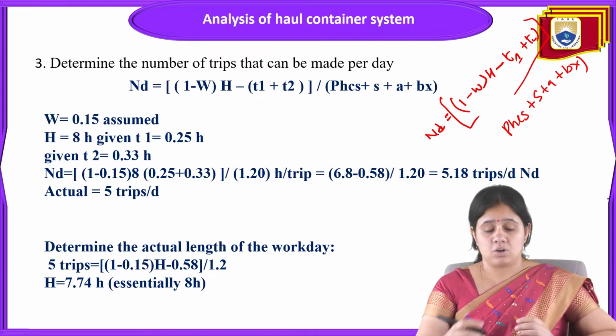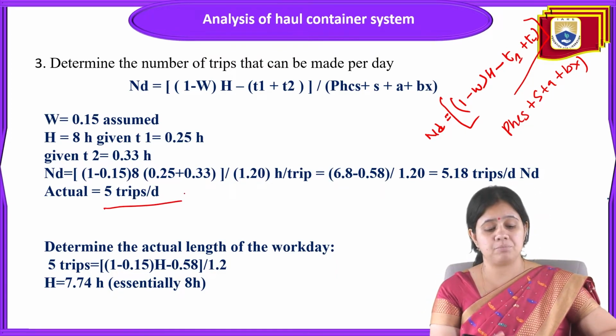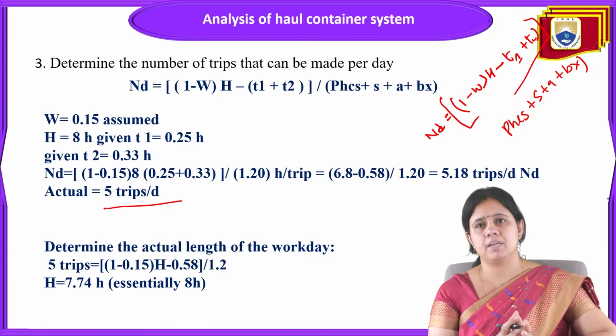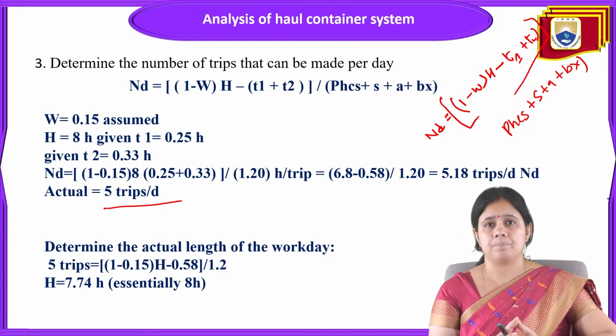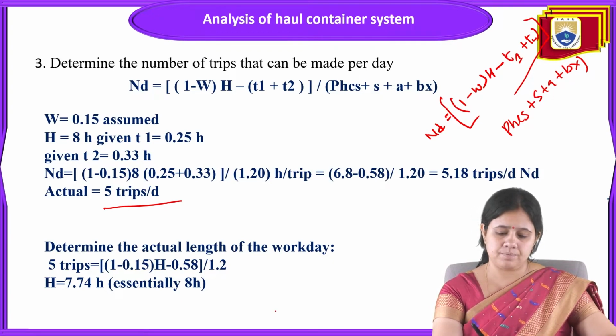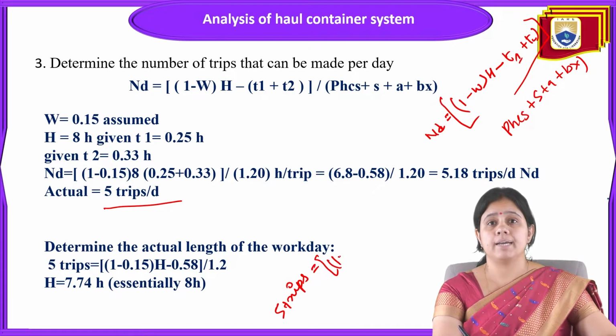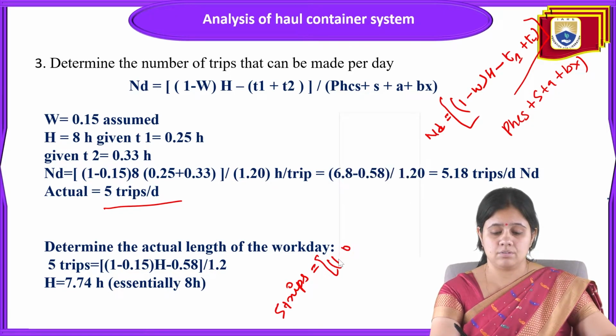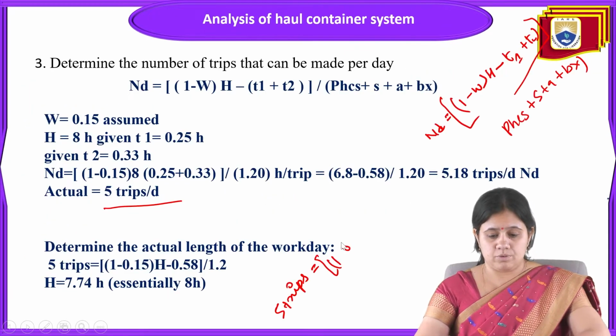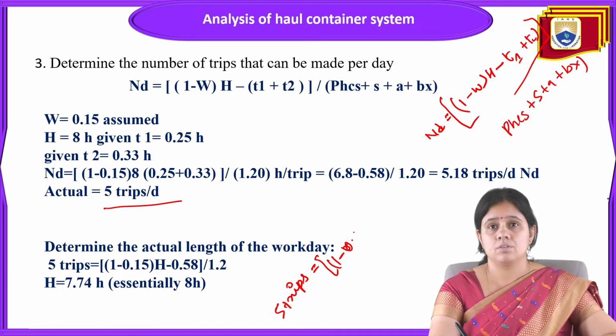On the basis of this, we have to calculate how much actual time is involved in a single work day. So to determine the actual length of the work day, for 5 trips, as we have already calculated, it is 1 minus 0.15 hours minus 0.58, divided by 1.2.